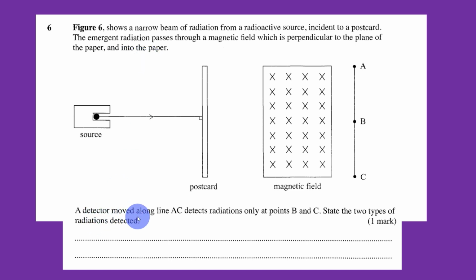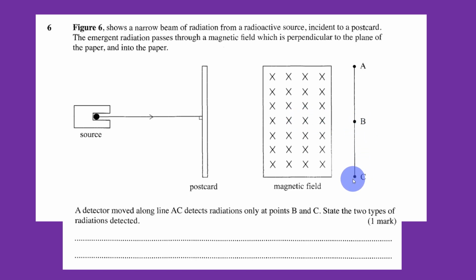A detector moved along the line AC detects radiation only at B and C. Of course, if there is a radiation at point B, we can tell that this radiation is not affected by magnetic field, and we know that those must be gamma rays, because gamma rays, being part of the electromagnetic spectrum, are not affected by the magnetic field because they do not carry any charge.